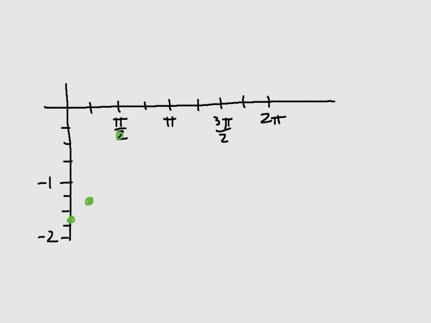So it would be up here. And then we get negative 0.63 for 3 pi over 4. Okay, and then for pi, I get negative 1.65 again. And just remember it repeats, so then I'll get the same kind of pattern.